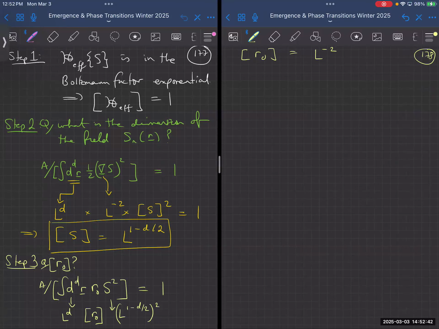Okay, that's interesting, because you could have expected this. So here's a comment that we can make. We know that the length is going to scale something like the correlation length, and we know that the correlation length scales like t to the -1/2, at least in mean field theory.